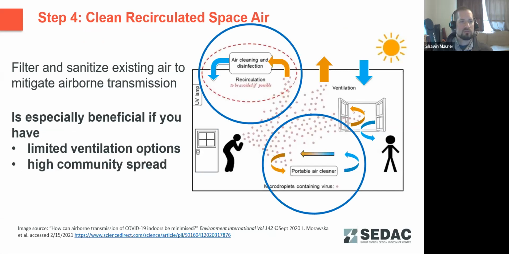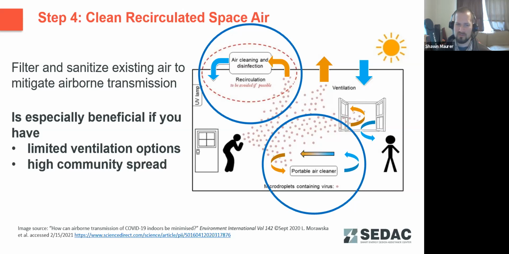So now that you've increased your fresh air ventilation rate as much as possible, the next thing to target is any recirculated air within the space. If you've got portable air cleaners that are doing purification in the space, or air handling systems that are drawing air into a return system, treating that air, and then sending it back into the space, you want to make sure that any recirculated air is filtered and sanitized before it's sent back to the space, especially if you're in a high risk community environment, or you have a room that has high transmission risk.